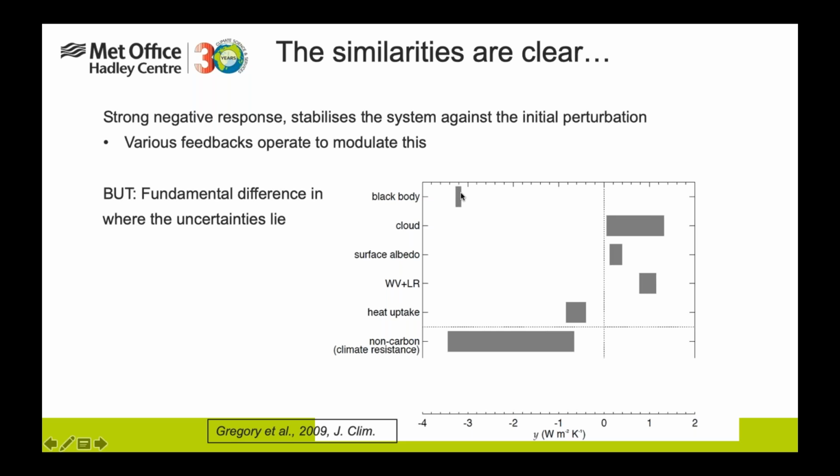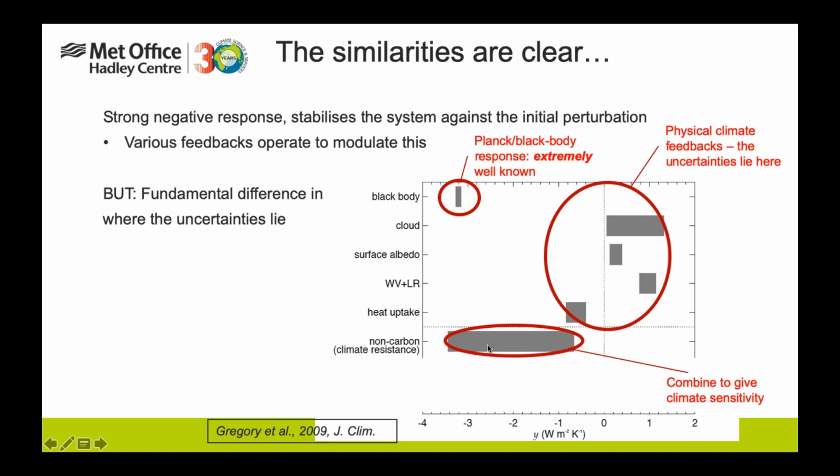So there's very little uncertainty in that, and all the uncertainty in the physical system comes from these feedbacks, so the cloud and the albedo and the heat uptake, and it's the combination of those that give what Jonathan terms in this paper as the climate resistance. So that's what you can think of as the climate sensitivity, and nobody in their right minds would try to reduce the uncertainty in the black body response. So all the focus goes in these feedbacks.